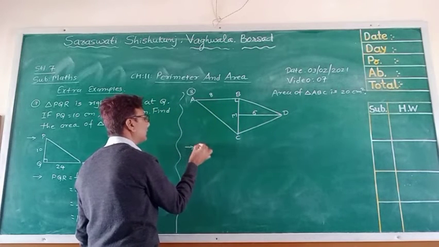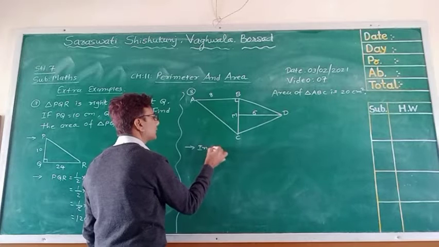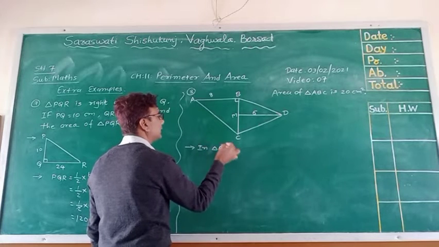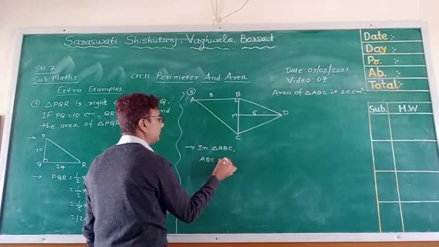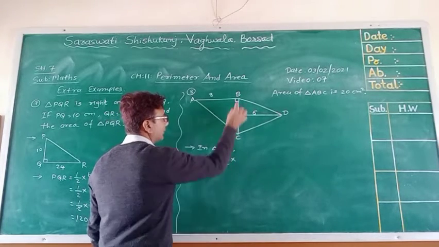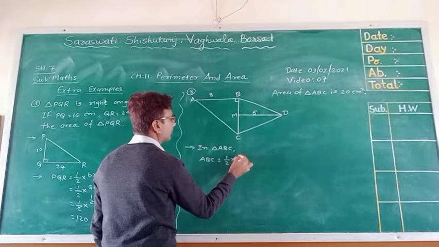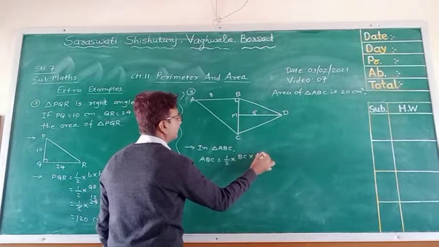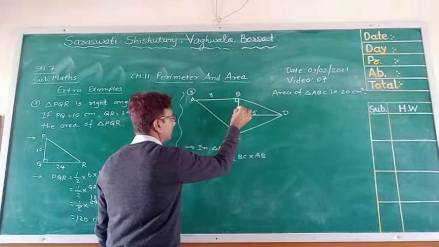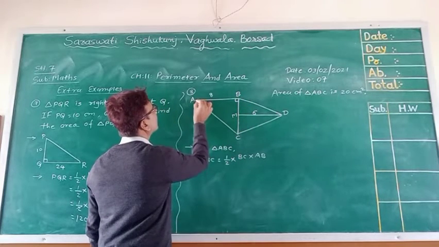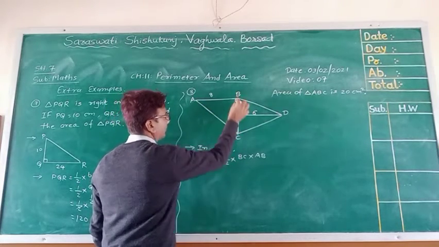In triangle ABC, area of triangle ABC equals 1/2. We will take this as base BC, altitude is AB. In this triangle we will take this as base.